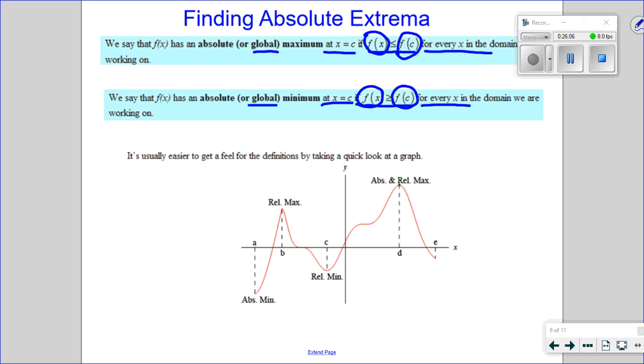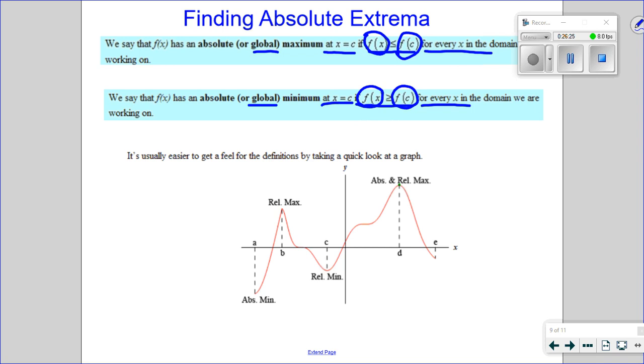Okay, let's look at a graph, because it'll probably make more sense when you look at a graph. So let's say this is the graph of our function, and again, when you're finding the extrema of the function, you are looking for the high points and the low points, okay?